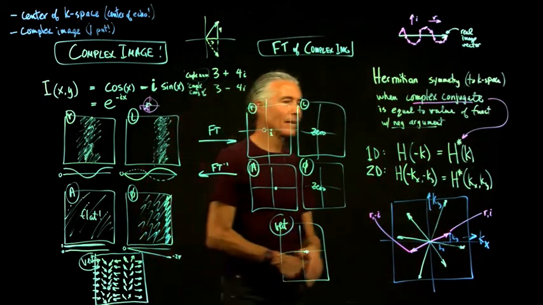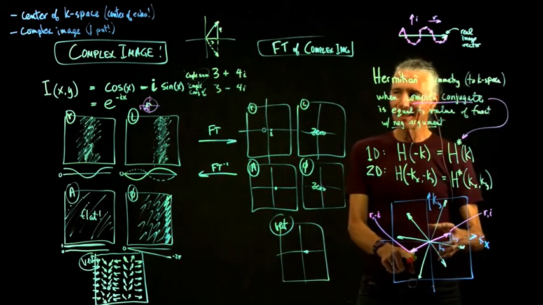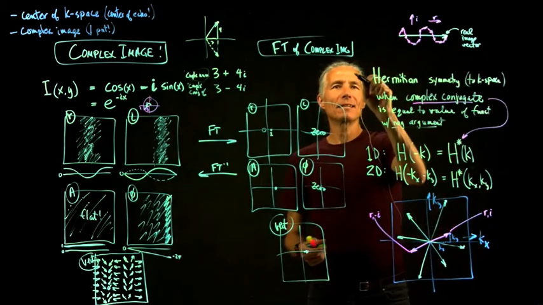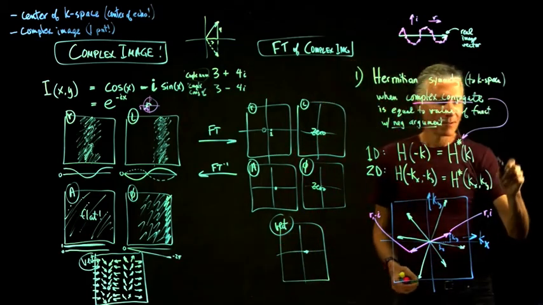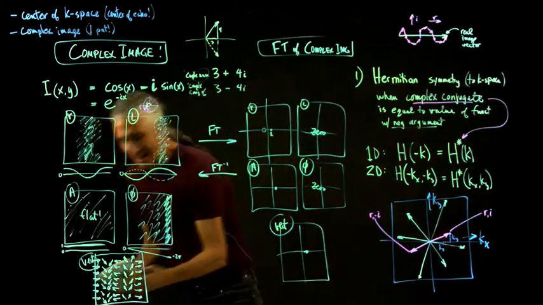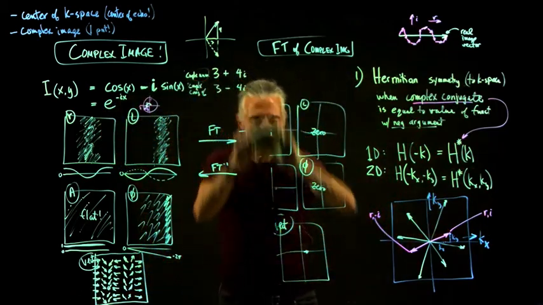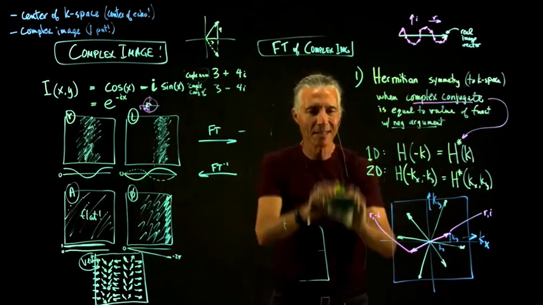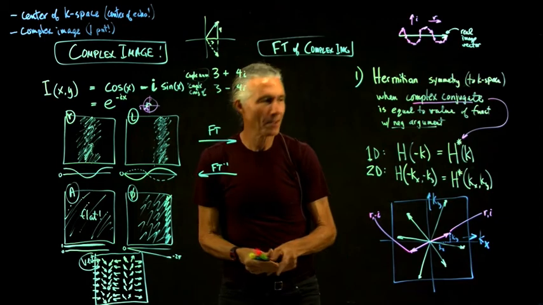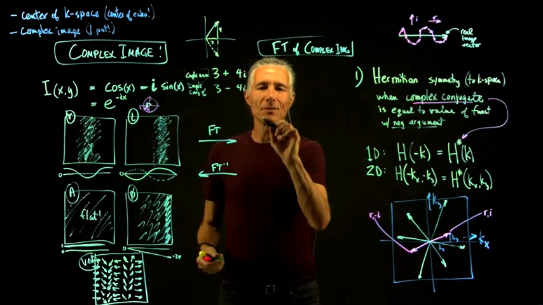We care about this because if k-space is like this, so this was number one, that's Hermitian symmetry, but our use for it is that if k-space is like that, we get a real image. That was one, and so here's two.